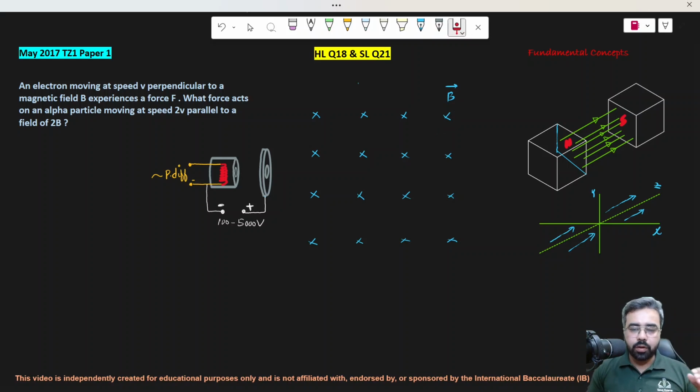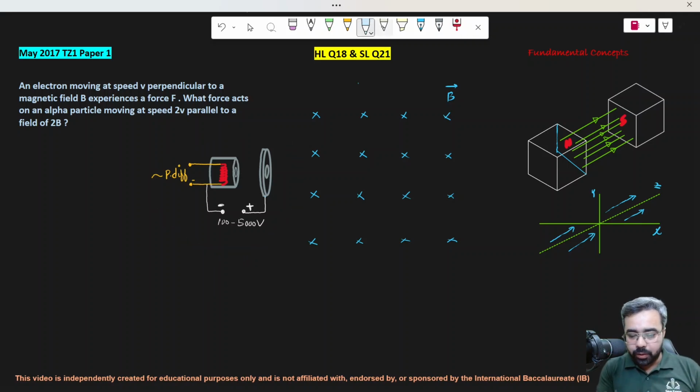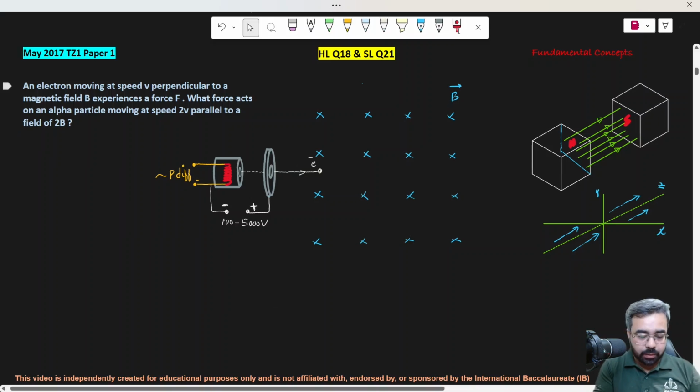When the electron enters this field, and right now you see this is an electron gun emitting electrons in a unidirectional way, so the electron is entering in a straight direction here. The moment the electron enters at that point, it will bend and move in a circular path, and it will experience a force F given in the question.